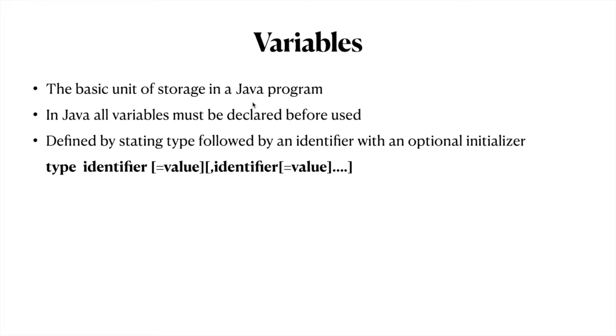So we define variables by mentioning the data type first. That means, is it integer, is it floating, is it character, and so on. If it's so, we will define the data type, then we will follow that one by an identifier, and we can stop there, or we can include the optional initialization.